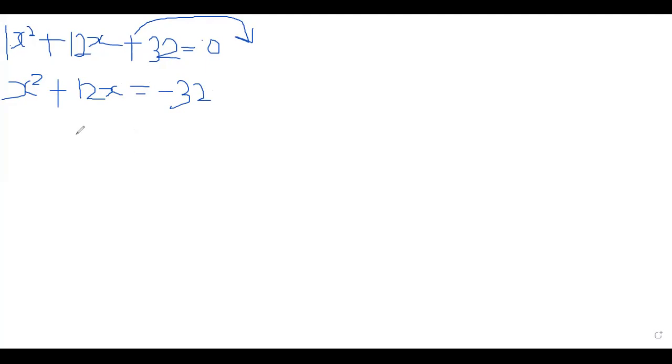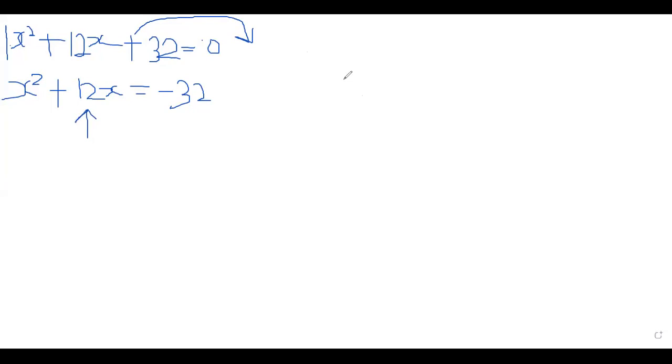Now remember, I told you, add half the square of the coefficient of x to both sides. Now listen, the coefficient of x here is 12.